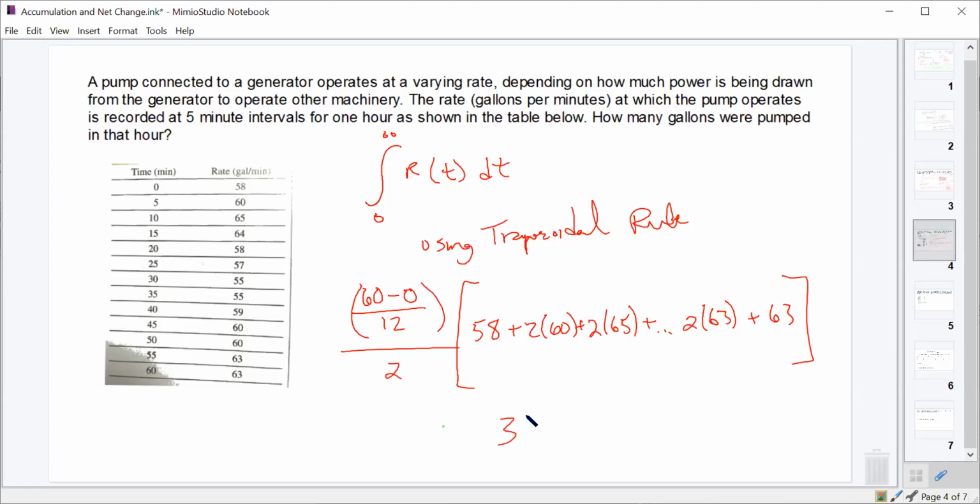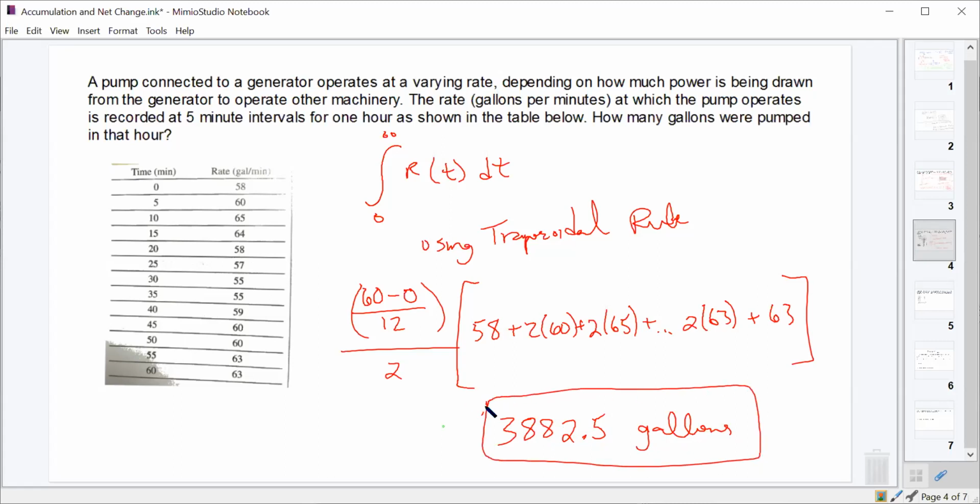Sorry, 3,000 what? 3,882.5 gallons. Let's see. Let me think about that. 12. Yeah, that seems reasonable. I got 3,582.5. I got the same thing as Alex. Let's see here.